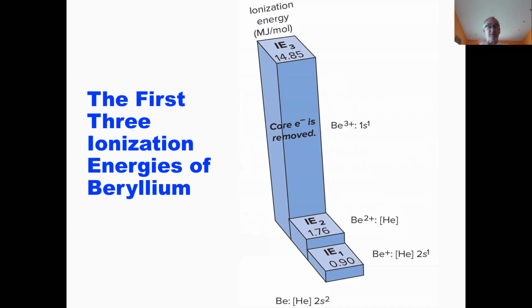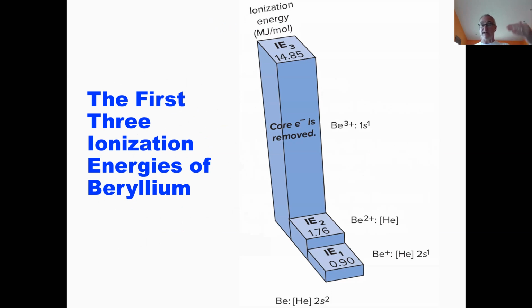Okay, so now we're going to look and see how we can identify which are the valence electrons and which are the core electrons, just based on how easy it is to steal that electron. What are the ionization energies to steal an electron?